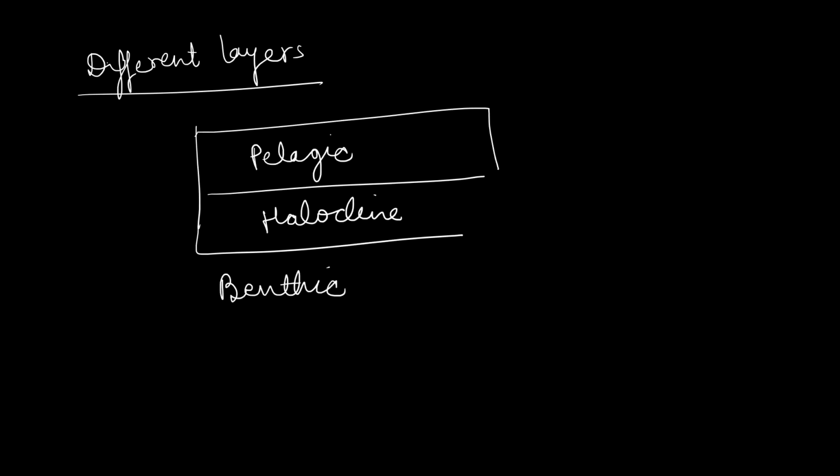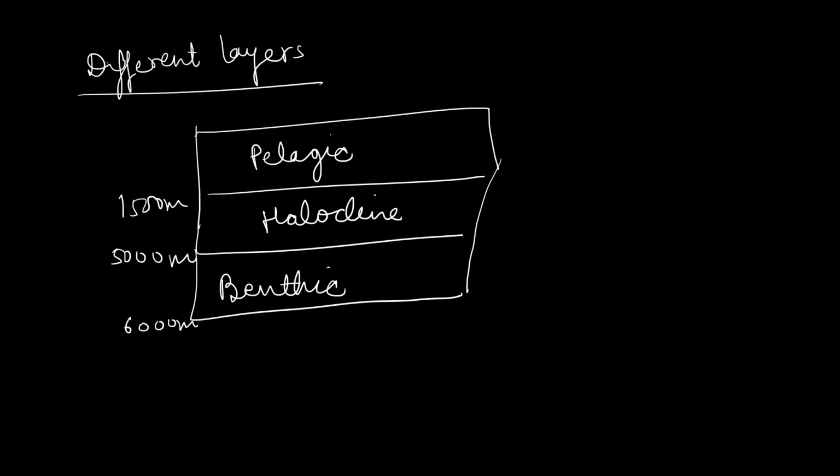These are the various layers present in the ocean. So we can see their depth. Let's say it is at 1500 meters, further around 5000 meters, and 6000 meters going down. These are the names of the different layers in the ocean.